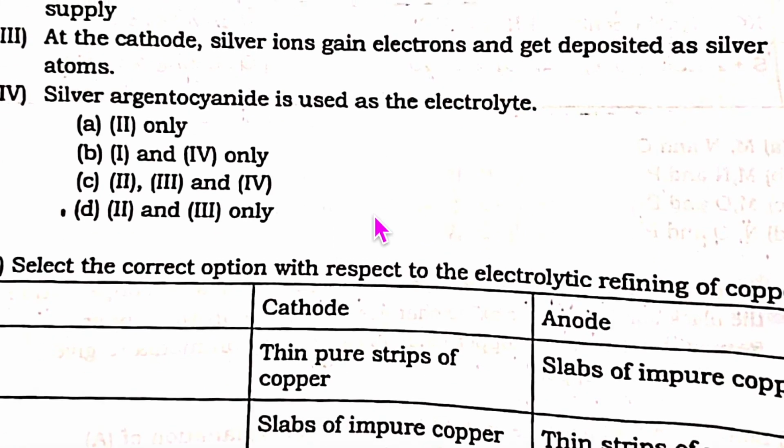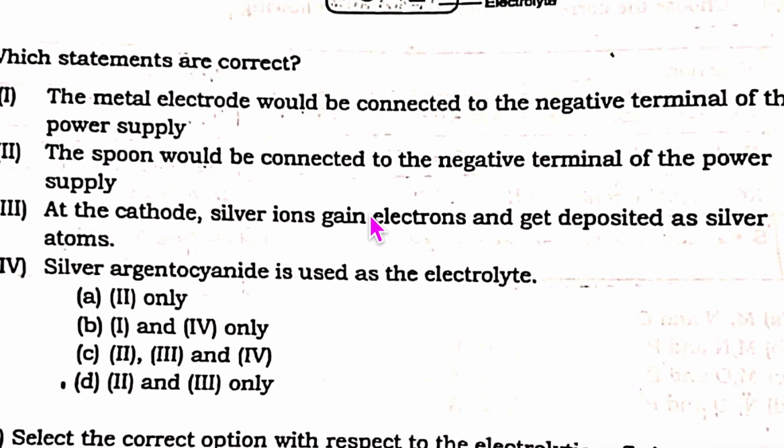Ma'am, why is 1 not given in the option? Because only 2 and 3 are given. Ma'am, you said option D was correct. Which one is correct? Oh yes, 2 and 3. What is the first one? The metal electrode would be connected.